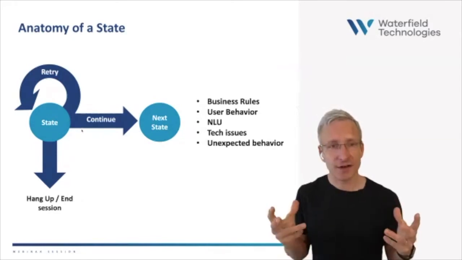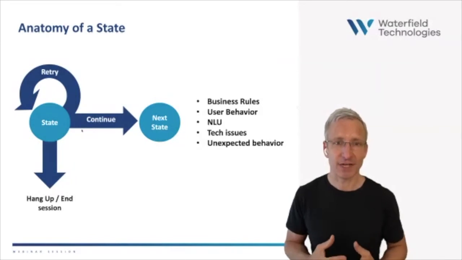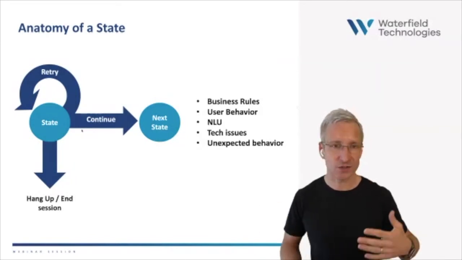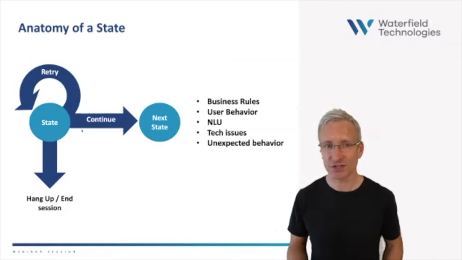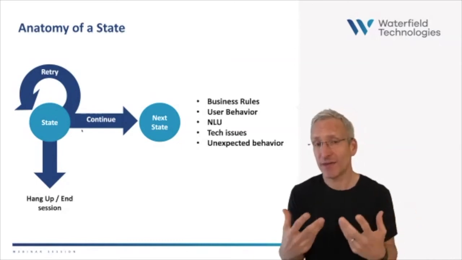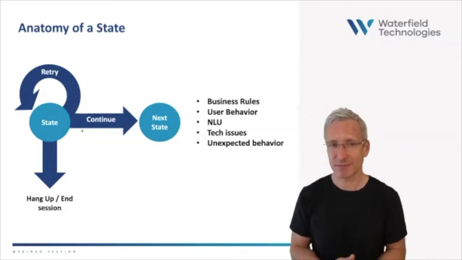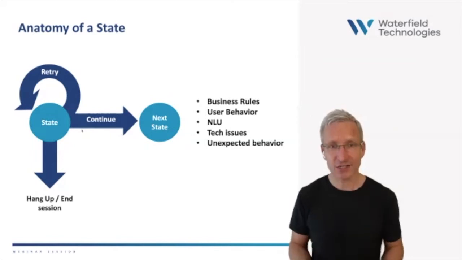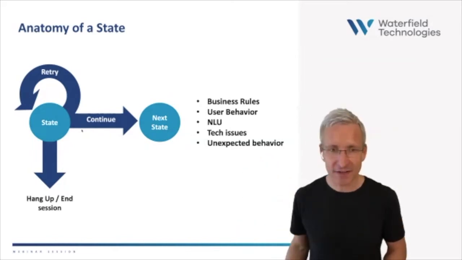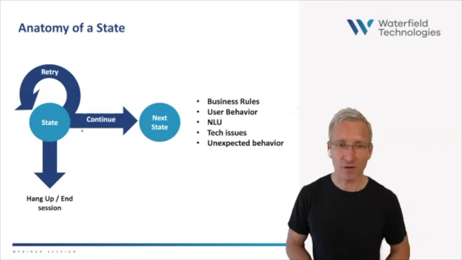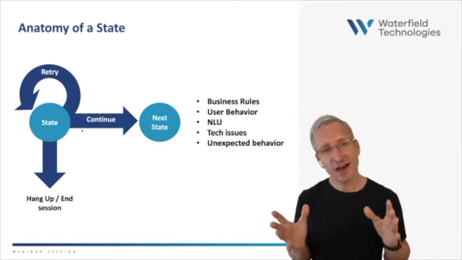And then we've got natural language understanding issues, which might be environmental issues or side speech misrecognitions or false accepts, where we think someone said something and actually said something different. There could be technical issues like problems in the telephony perhaps, or back-end systems. And then you can get unexpected behavior.